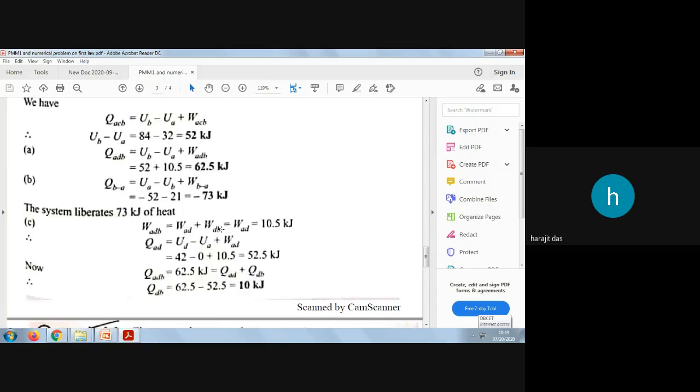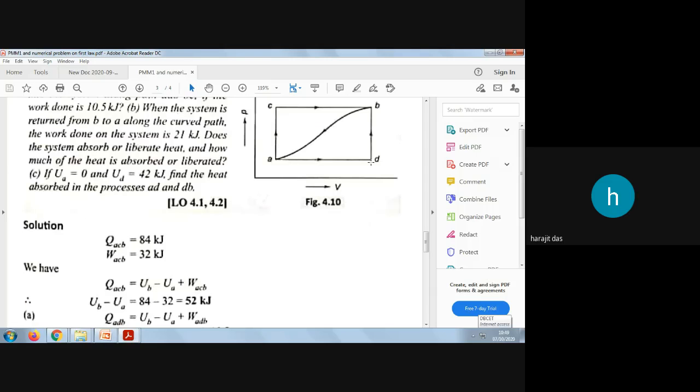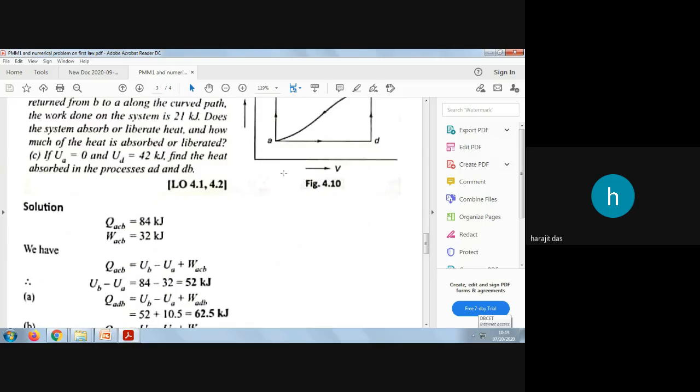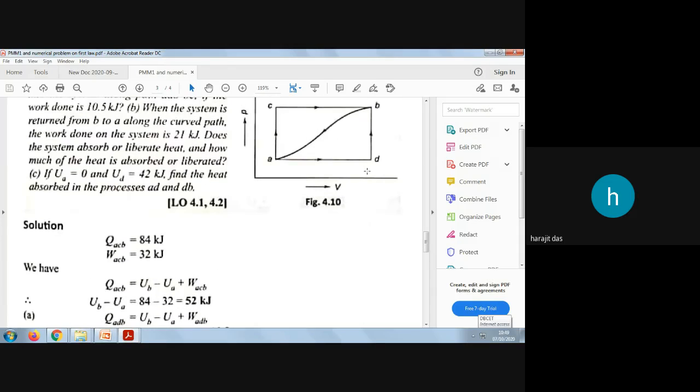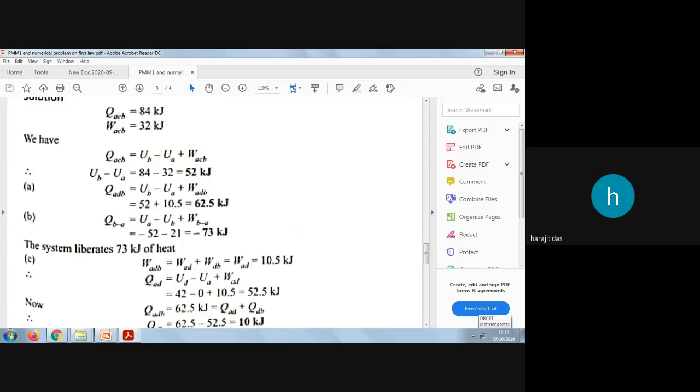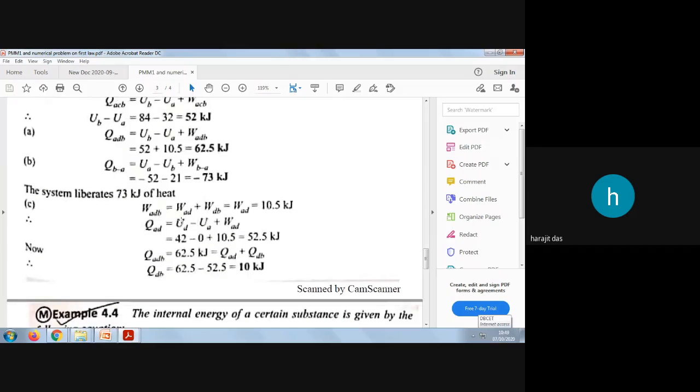This work plus this work gives the WADB work. What is the work in the AD process? It is given in the question. And what is DB?